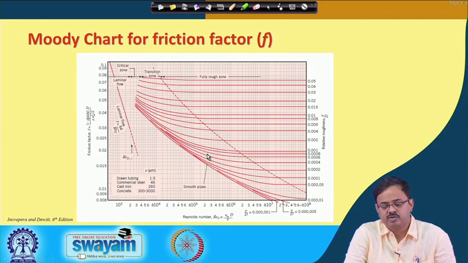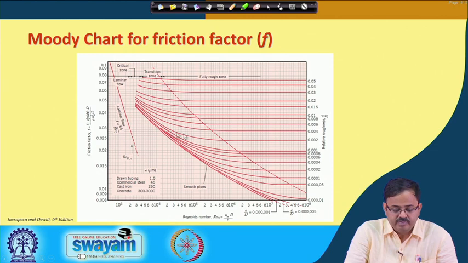And the other thing that you can see over here is it is not just dependent on the Reynolds number, but it is also dependent on the surface roughness.